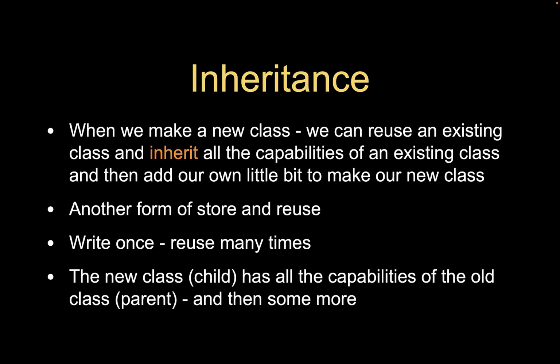When we make a new class, we can reuse an existing class and inherit all the capabilities of the existing class and then add our own little bit to make our new class. It's another form of store and reuse. It keeps us from having to clone one class into the next.